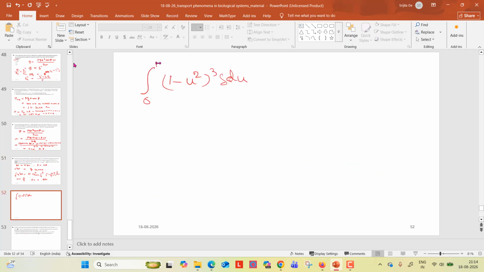So now it is coming as delta, integral from 0 to 1 of 1 minus 3u square plus 3u to the power 4 minus u to the power 6, du, right?